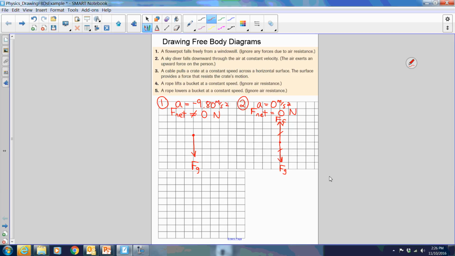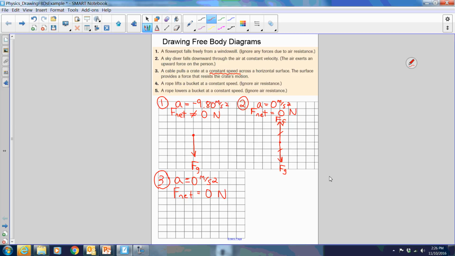So again, this piece of information is very important. For number 3, the acceleration is 0 if it's moving at a constant speed. So then again, the net force is 0 as well. Must be.